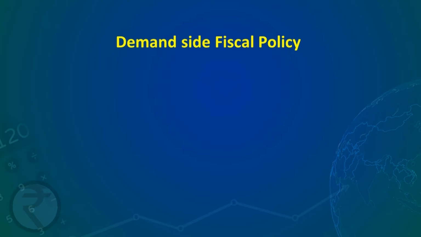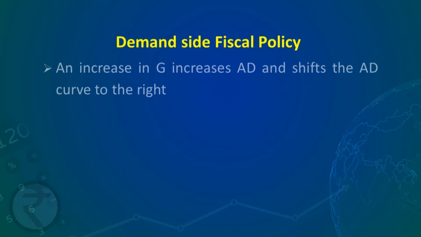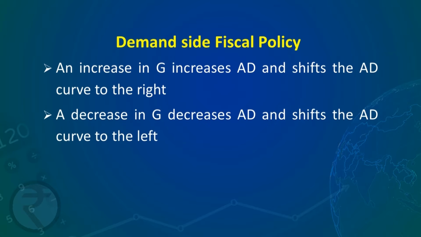Now, how does the fiscal policy affect the demand side? An increase in G, here implying government spending, increases aggregate demand and shifts the aggregate demand curve to the right. A decrease in government expenditure decreases aggregate demand and shifts the aggregate demand to the left.